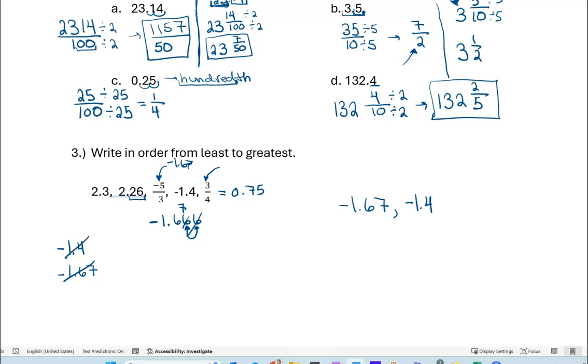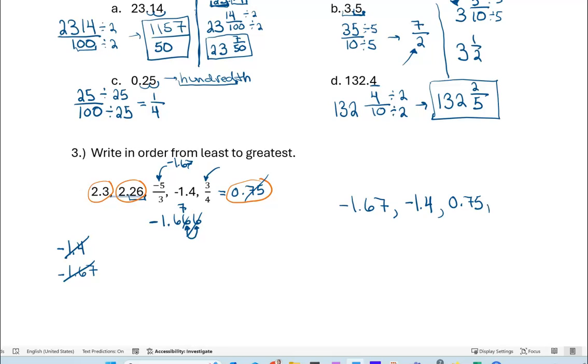And now I need to compare my positive numbers. For my sanity, I'm going to just circle what's left. And so in looking at those, the closer you are to 0 on the positive side, the smaller the number. So in this case, 75 hundredths is closer to 0. So that's my next one. So I'm done with that. Do my comma.